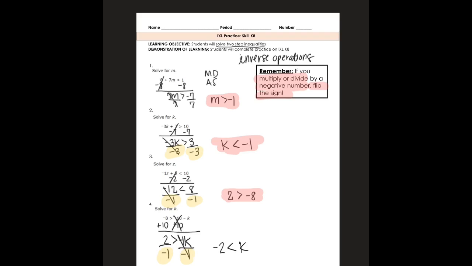So if I had k out front, the sign should be eating toward k, so k is greater than -2. These will both give you correct answers for the inequality. And that is how you solve two-step inequalities.